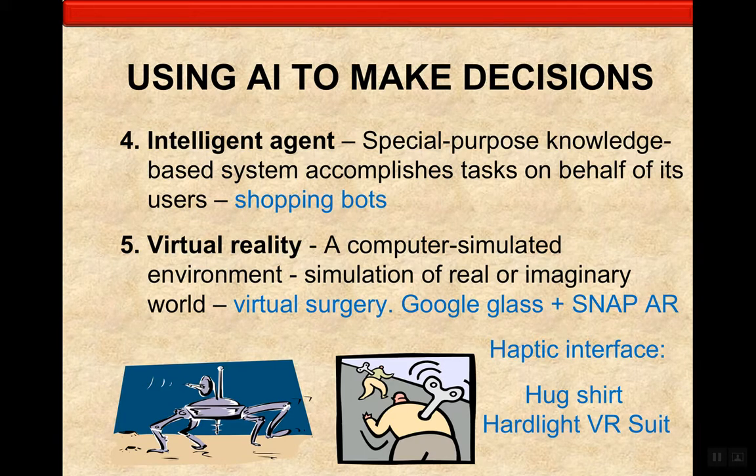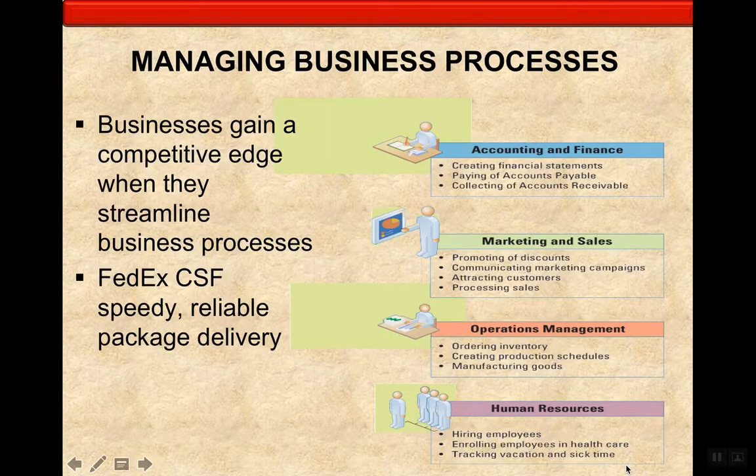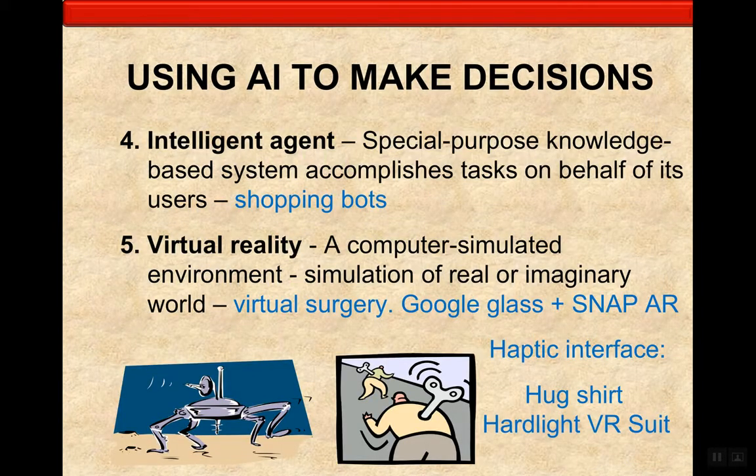Some of the environments we've seen are like a virtual reality suit, as we call it here, a hard light virtual reality suit. You see some of this in entertainment, but it also has very practical value, particularly in military applications and things of that nature.